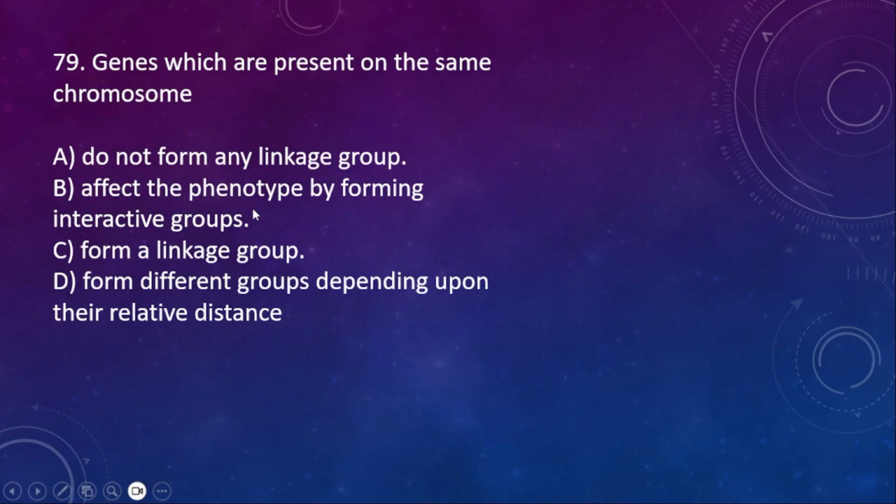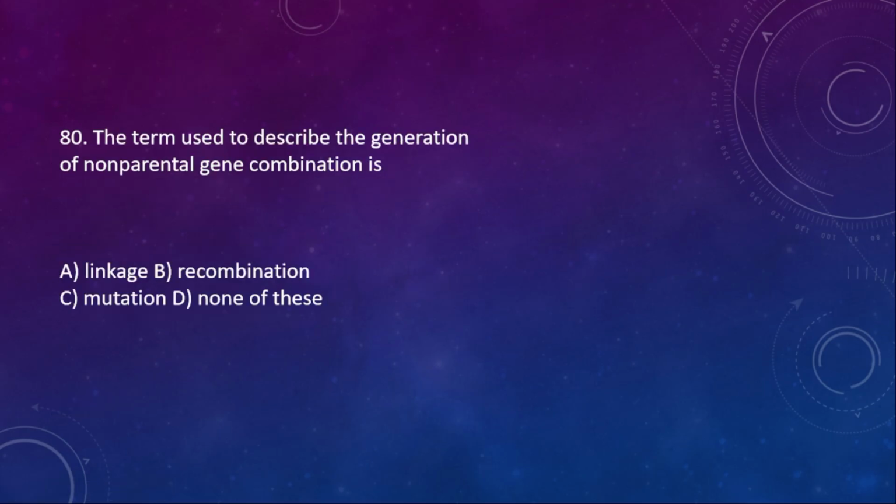B, affect the phenotype by forming interactive group. C, form a linkage group. D, form different groups independent of their relative distance. So here the right option is option C. 80th one. The term used to describe the generation of non-parental gene combination is linkage, recombination, mutation, and none of these. Here the right option is B. It's called recombination.